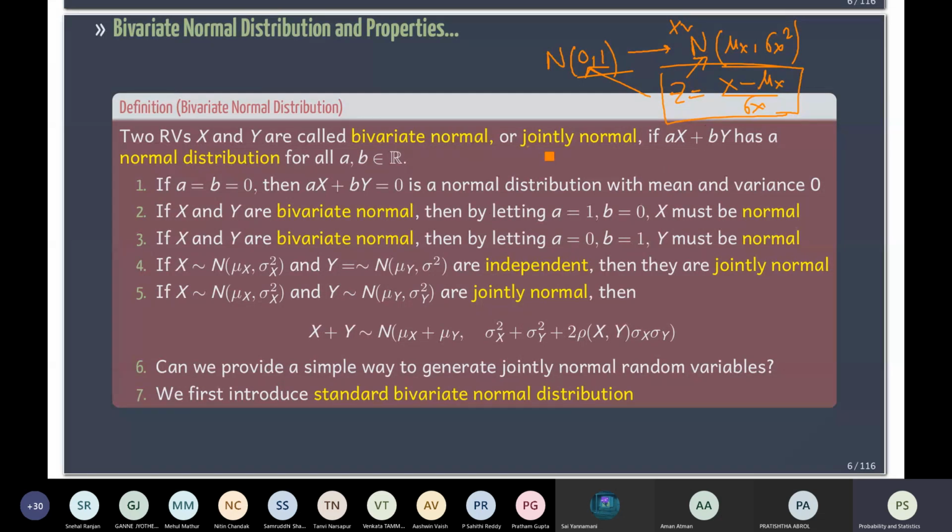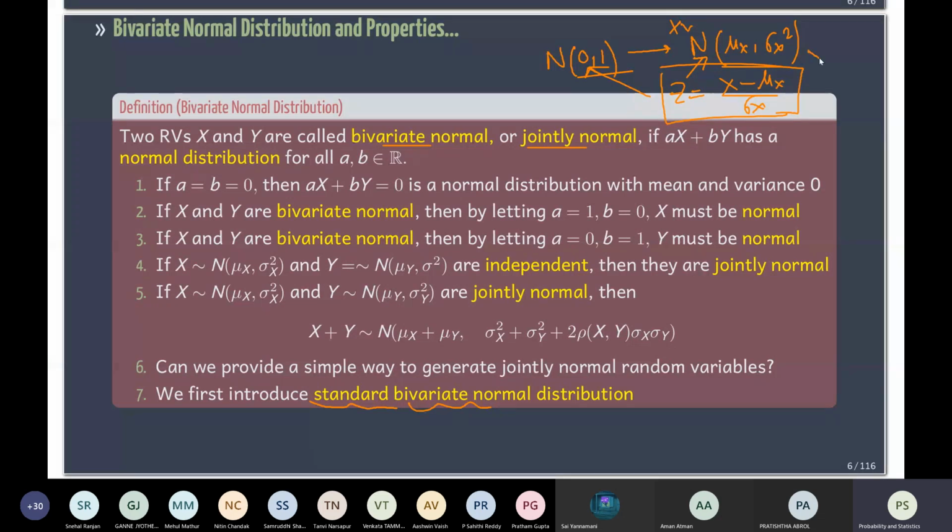Now we are talking about jointly normal, and the approach would be similar. Once you start with the standard bivariate normal distribution, and once you know how to work with them, you can also define the general cases. So from here you can also solve for x, right?